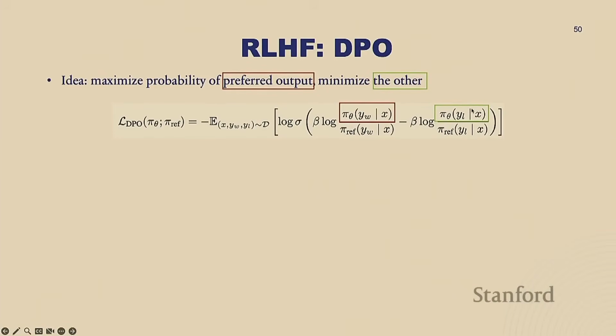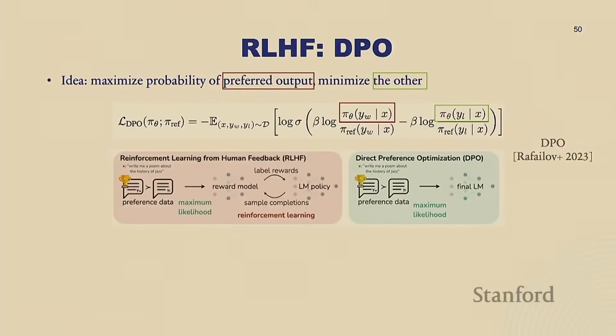All the rest of the terms here are not too important. It's actually really not that complicated to understand. But at a high level, it's really just maximizing the things you like, minimizing the rest. And one thing to note is that all the rest is chosen such that the global minima of PPO and the global minima of this DPO, under some assumptions, are essentially equivalent.